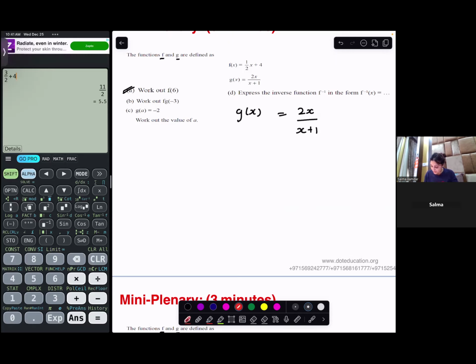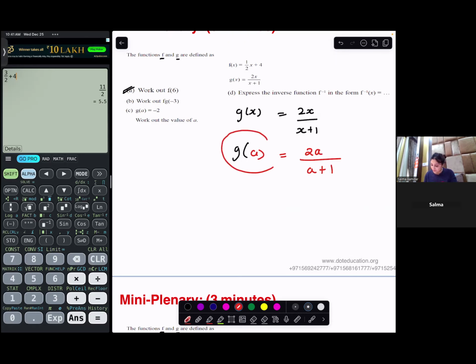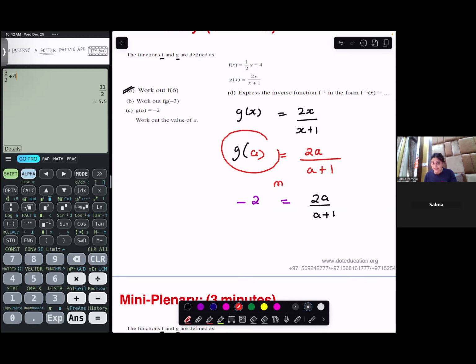If I make this g of a, instead of x, I'm replacing a. So it is going to be 2a over a plus 1. Okay. And they've told me that g of a is minus 2. So minus 2 is equal to 2a over a plus 1. For this equation, you will be getting 1 mark. Okay. So you get M1 for this equation.